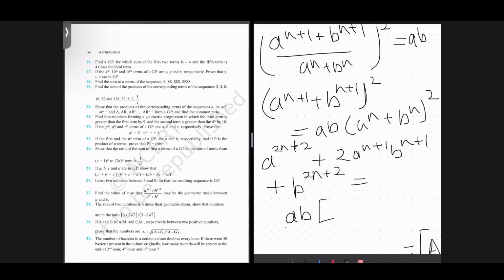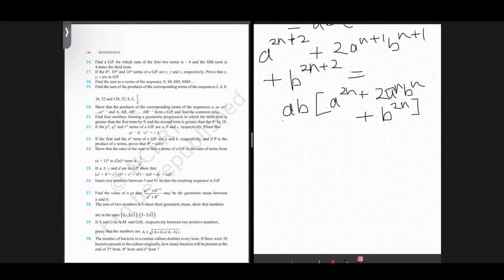Inside the bracket becomes a raised to the power 2n plus 2 a raised to the power n b raised to the power n plus b raised to the power 2n. Correct. This is what it becomes. Moving on, let us multiply ab into the bracket and see what we get.